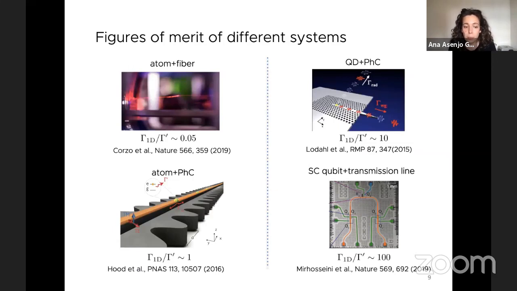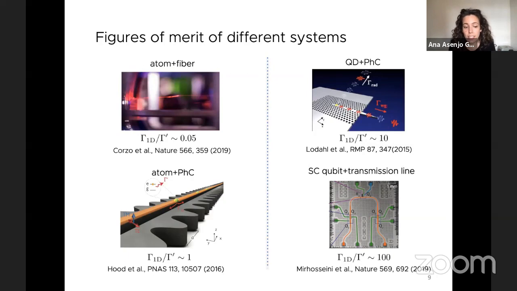You can do a bit better. You can use a photonic crystal, which is a dielectric structure with a periodic modulation of the refractive index. This allows the structure to have a band gap where light cannot propagate, but close to the band gap, at the band edge, you have very slow group velocity. So as the photon propagates, it can interact very strongly with the atoms. It has a lot of time.